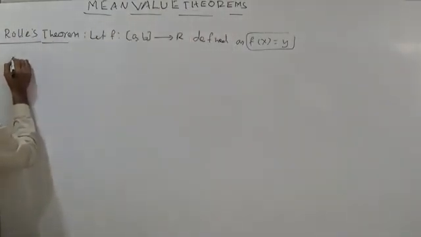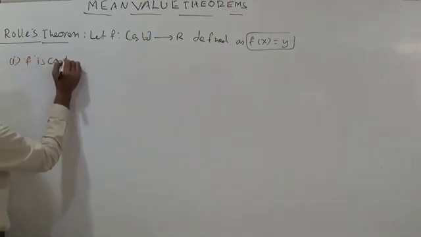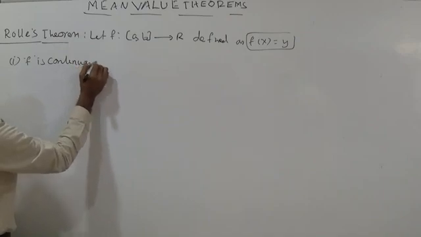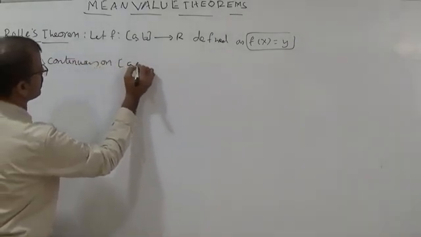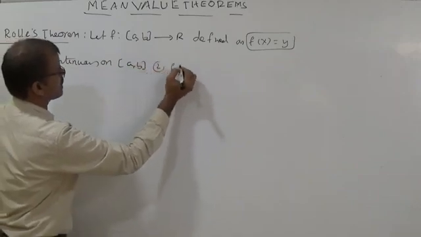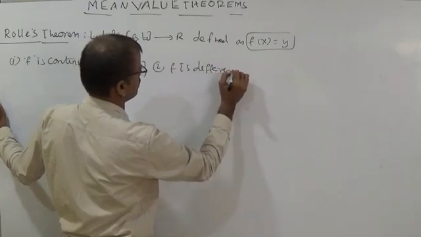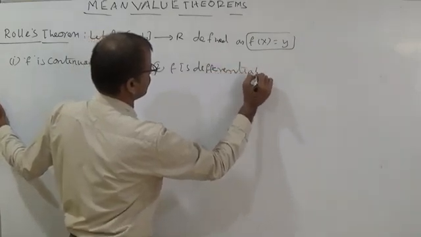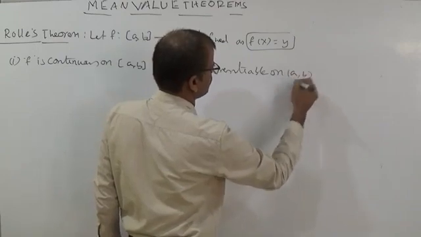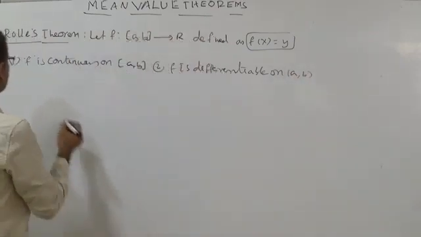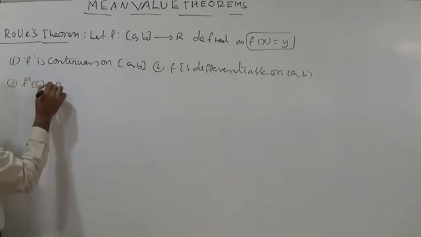First one, the conditions I am saying. f is continuous on closed interval a comma b. Second one, f is differentiable on open interval a comma b. Third one, f dash c is equal to 0.